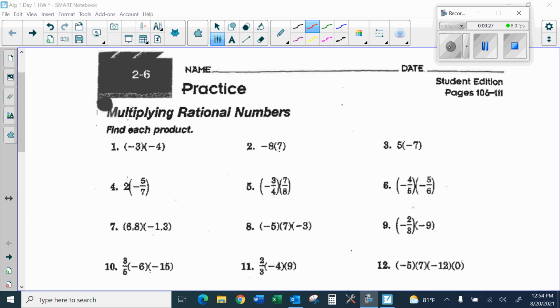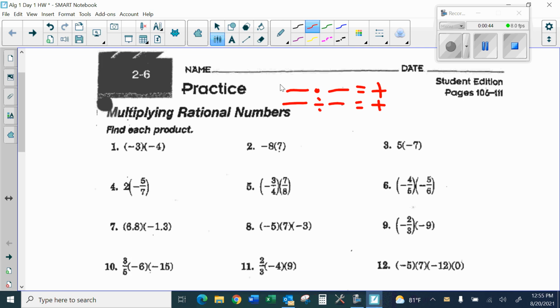I'm just going to go through a few examples on the worksheet and give you some reminders. You should remember negative times a negative is a positive, just as a negative divided by a negative is a positive. So the simple rule, remember, if they're the same signs, the answer is positive when you multiply or divide.